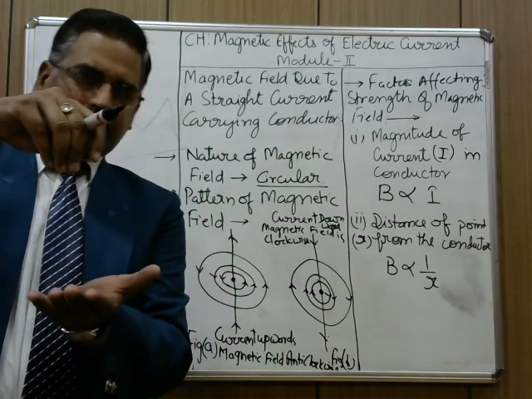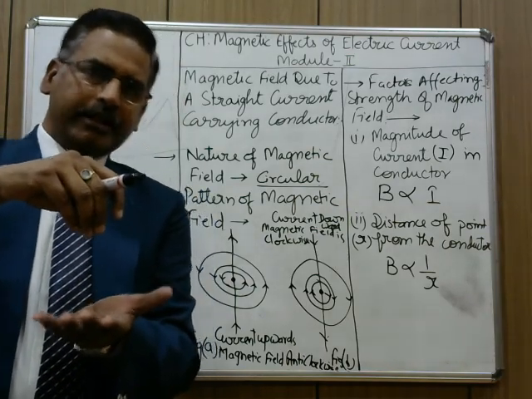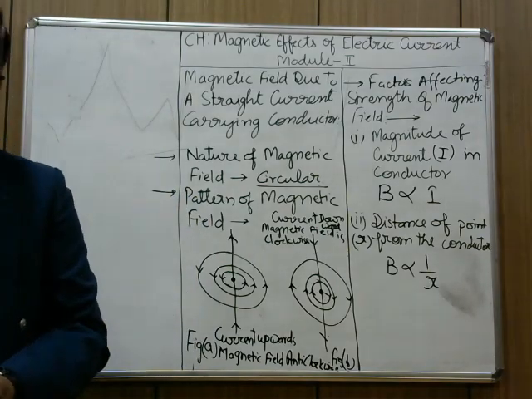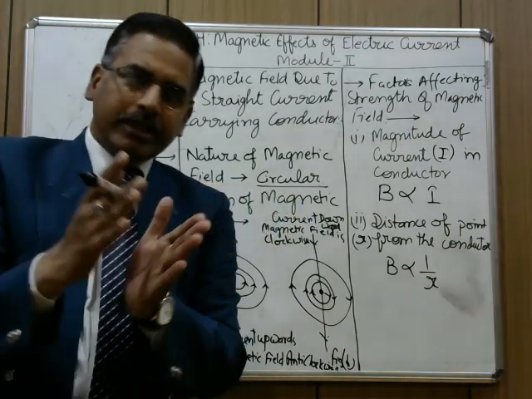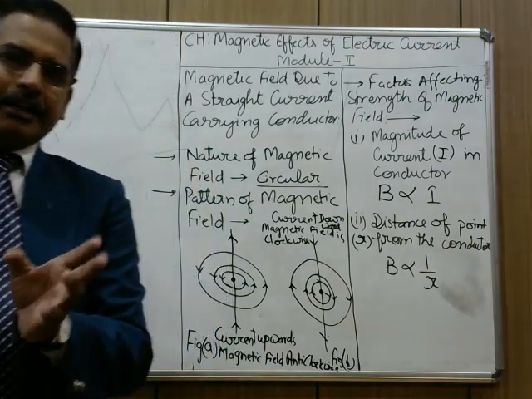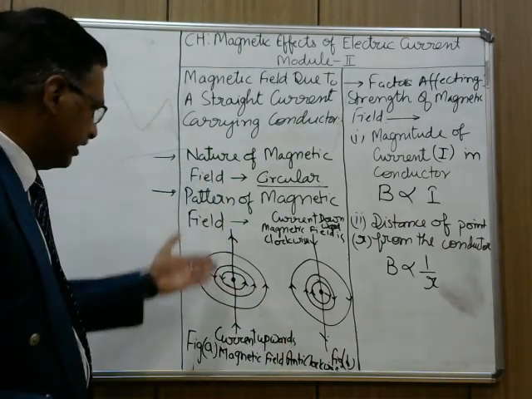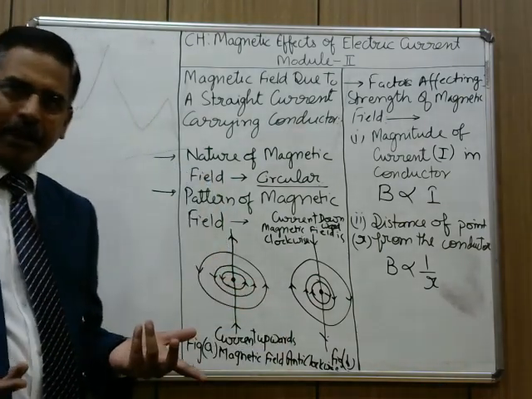But when you bring it nearer to the iron nails, it attracts them. Why? Because on reducing the distance, the strength of magnetic field increases and therefore it attracts. The same is here, the current carrying conductor is behaving like a magnet.